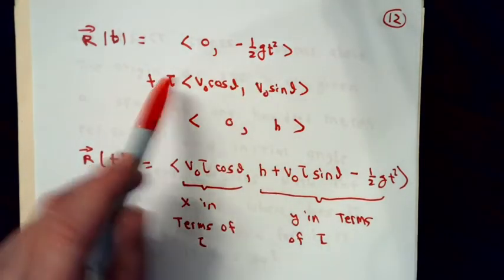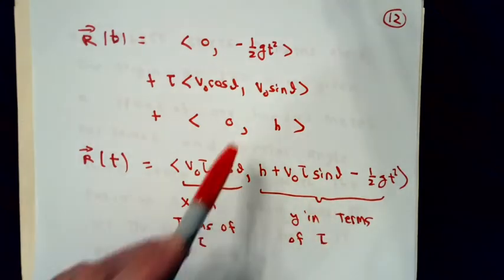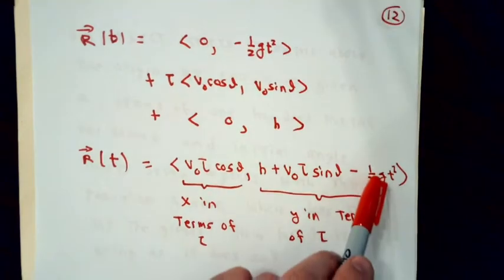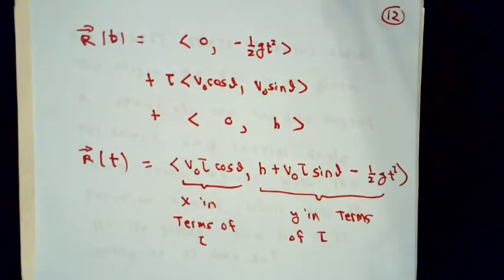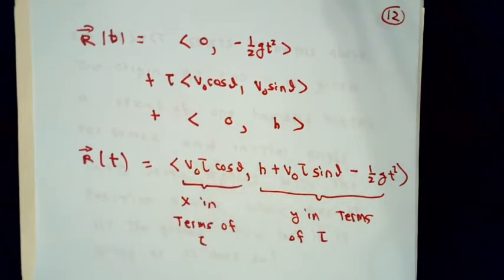This is v0 times t times sine theta. I have to add in the initial height and subtract away the effect due to gravity in the second slot. This is the x-coordinate in terms of time, in terms of t. This is the y-coordinate in terms of time.